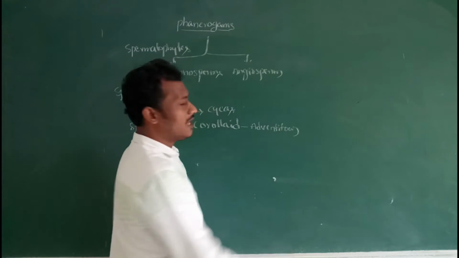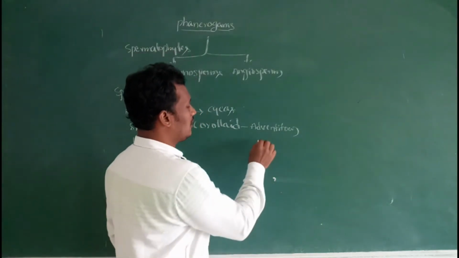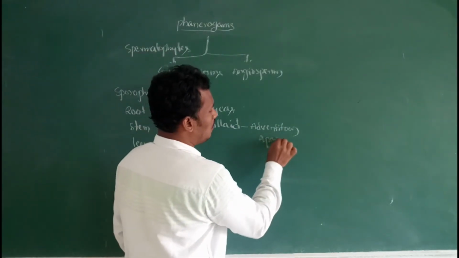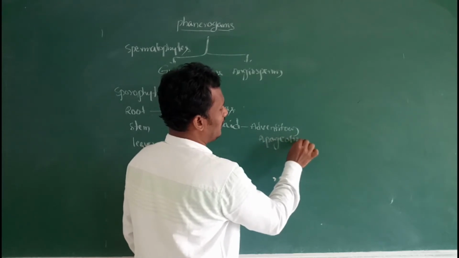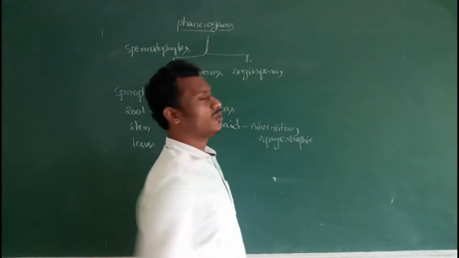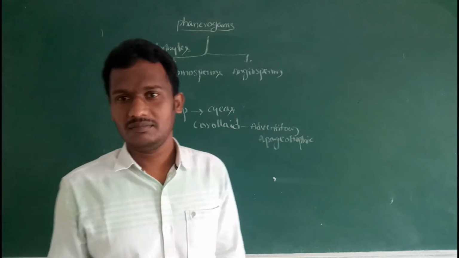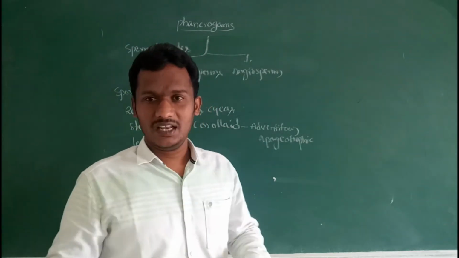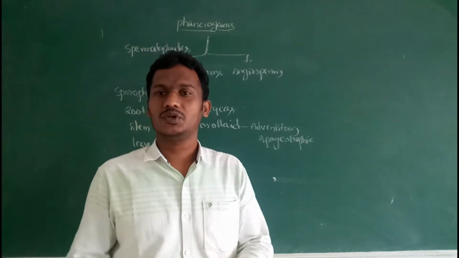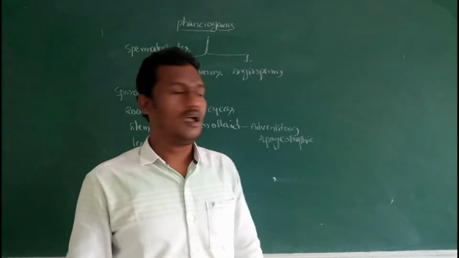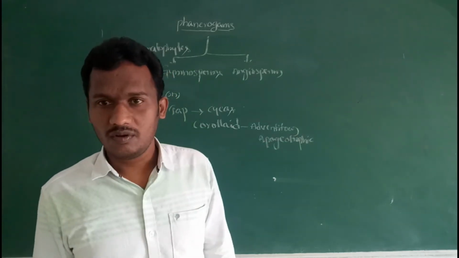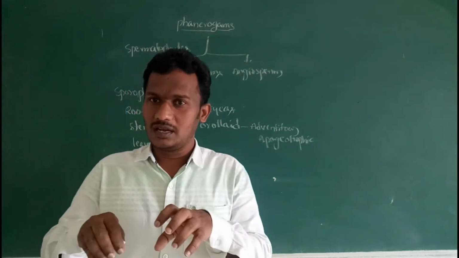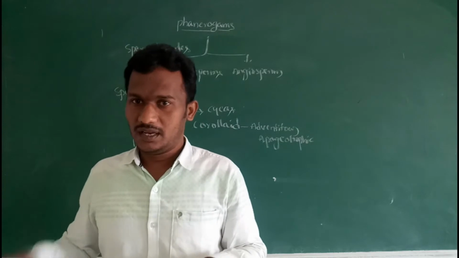They are growing apogeotropically, that is, towards the upper surface of the soil. They generally grow below the soil but are phototropic in nature, whereas generally roots grow geotropically.